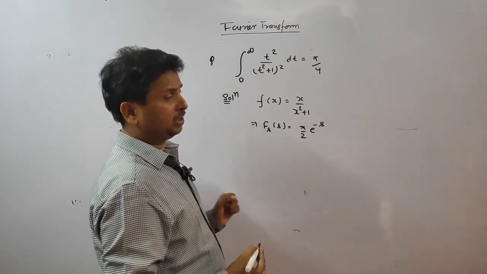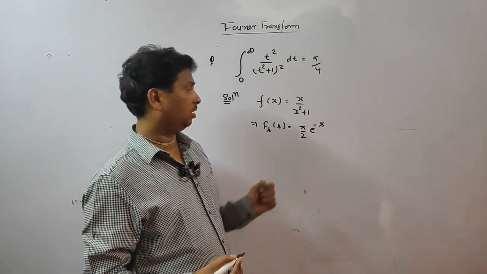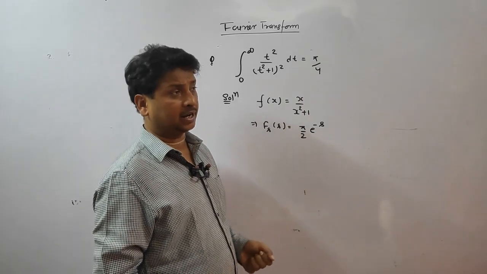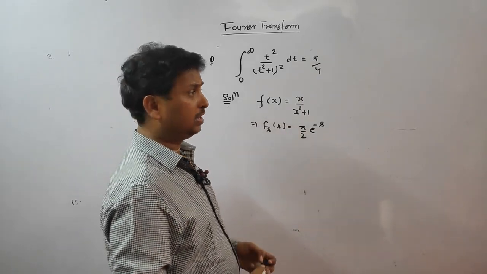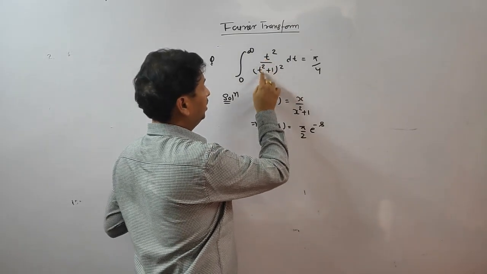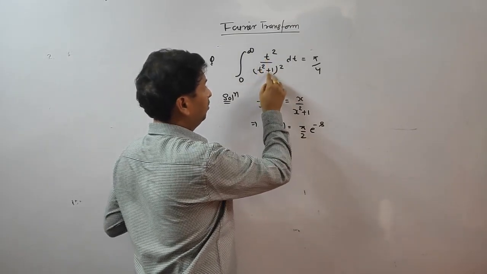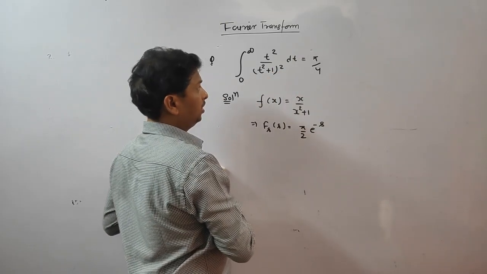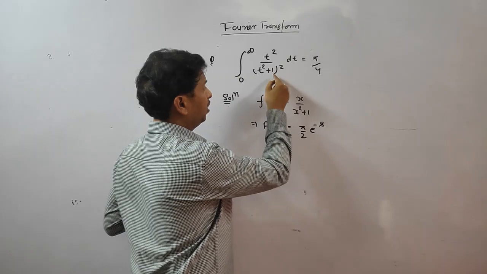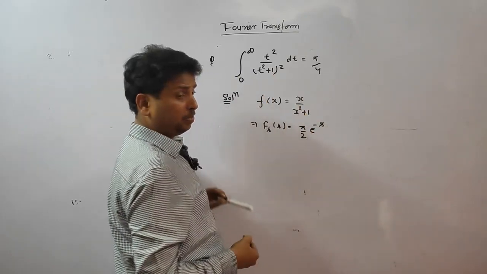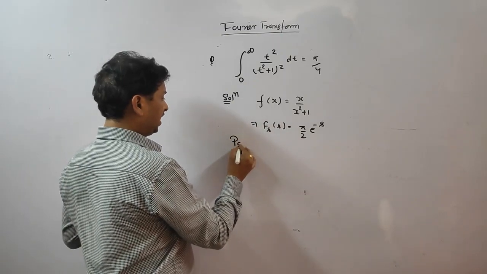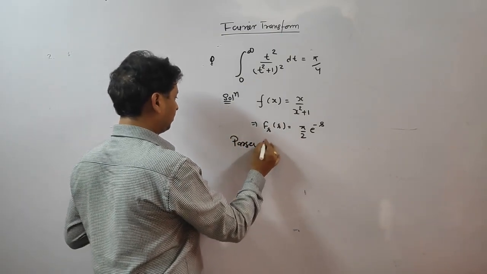My friends, there is no method to know this, I can't tell any trick so that you can know easily. But only one thing I can say, see here t upon t square plus 1, and (t square plus 1) whole square is there. So it means we have to choose x upon x square plus 1, then we can use the Parseval identity of the second type.